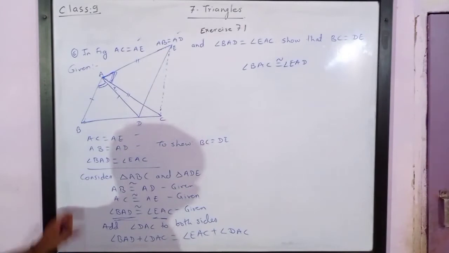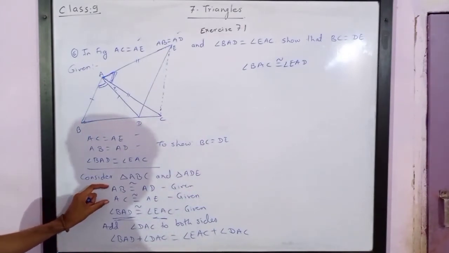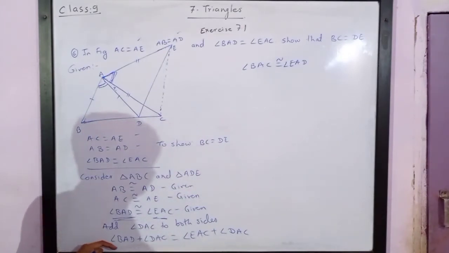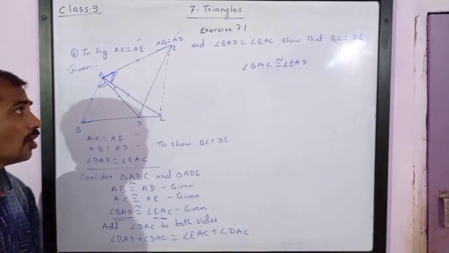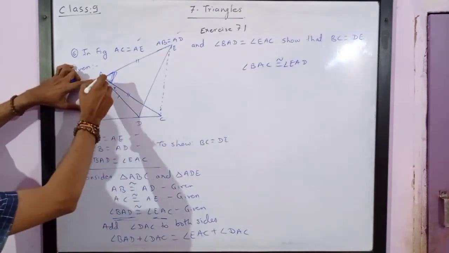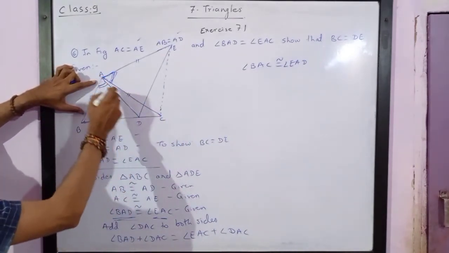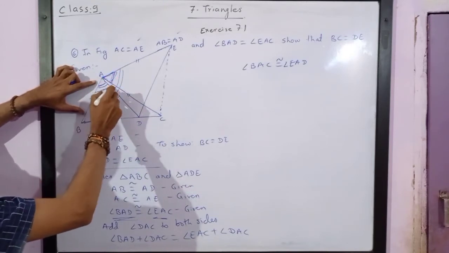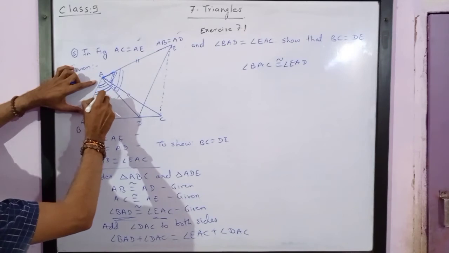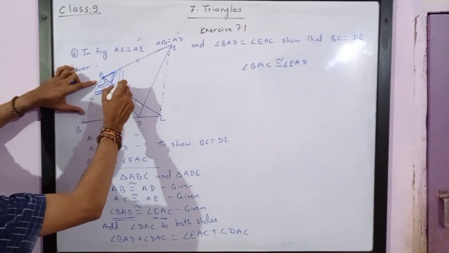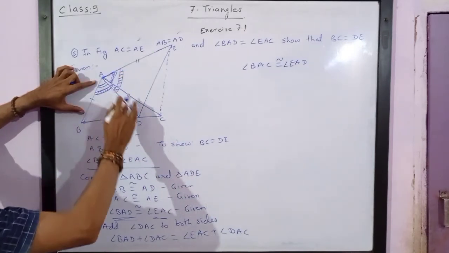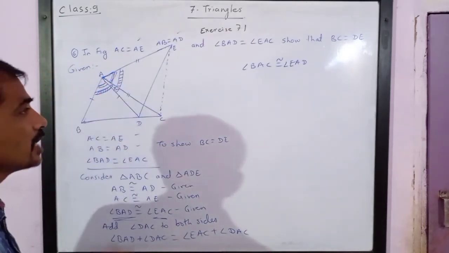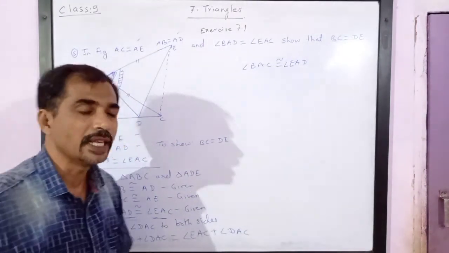So please note, we have got two sides of a triangle congruent and one angle congruent, and the angle is included by the congruent sides. It means the two triangles are congruent by SAS test.